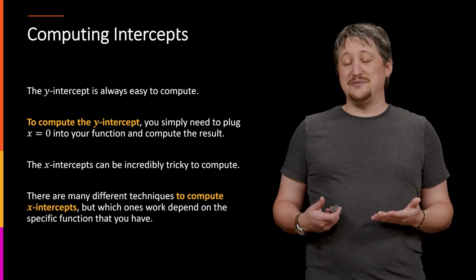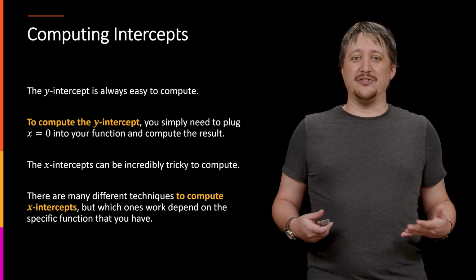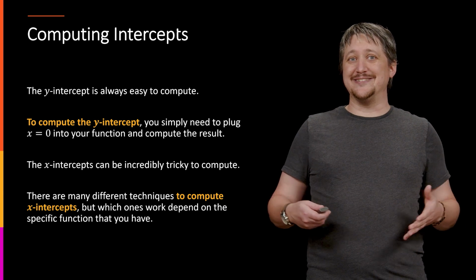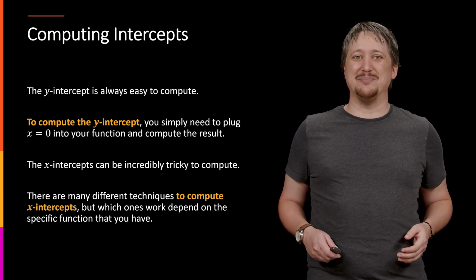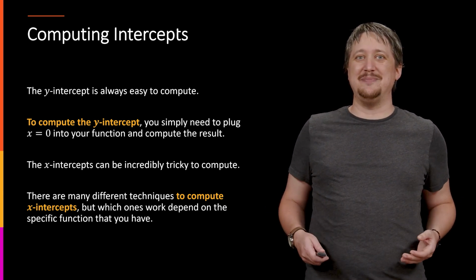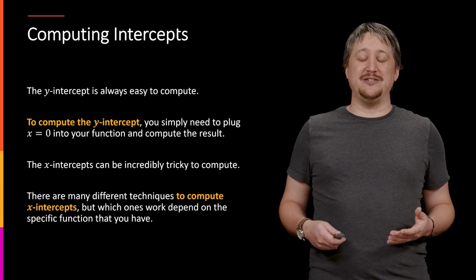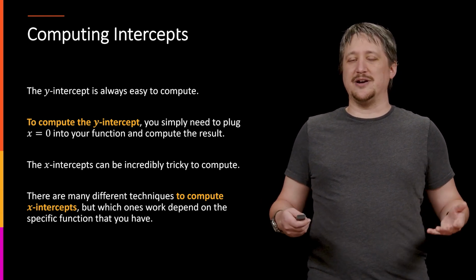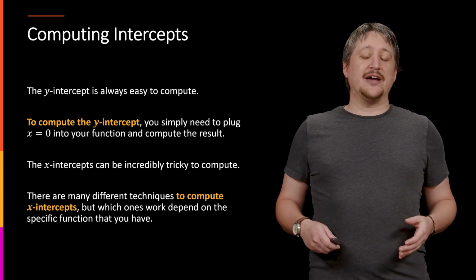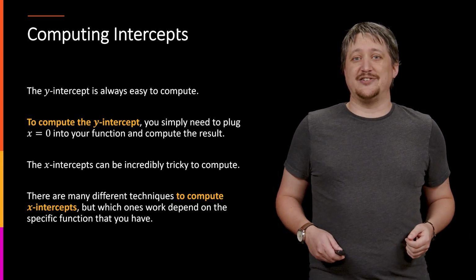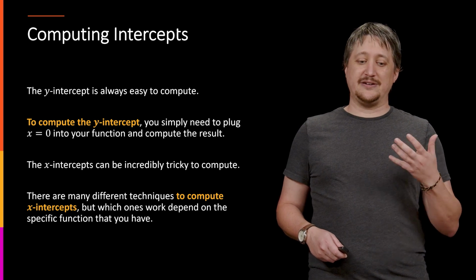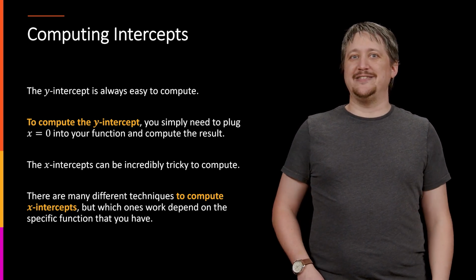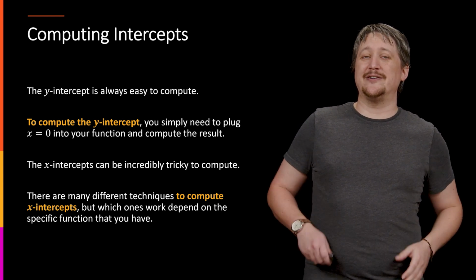Fun fact for you, one of the longest standing $1 million prize problems in mathematics, which is an actual thing, so if you could solve this in math, you'd win $1 million, which would pale in comparison to how much people would pay you to talk about how you solved it. That question is finding the x-intercepts of an explicit function that is written down, and yet we can't find the intercepts. It can be that hard.